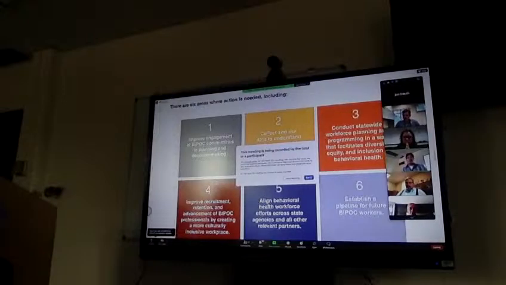And then 5, you see at the bottom in the middle, align behavioral health workforce efforts across the state, agencies, and all of the relevant partners. And then 6, where educators, especially at Central State University, we see this establishing a pipeline for future BIPOC workers and training with our social work program.